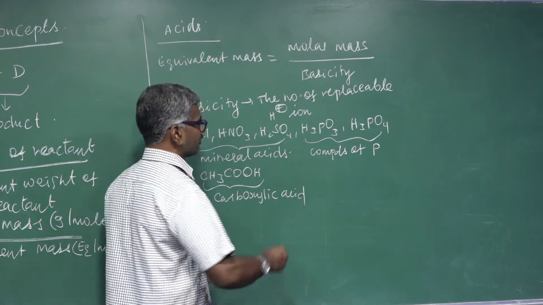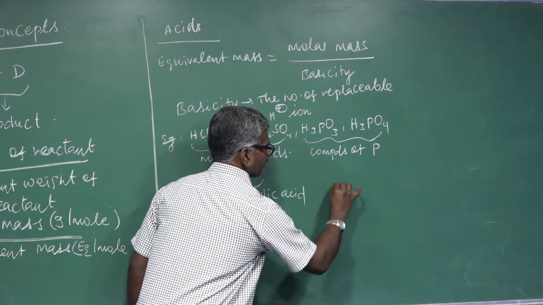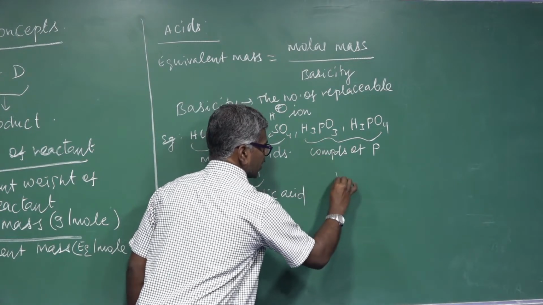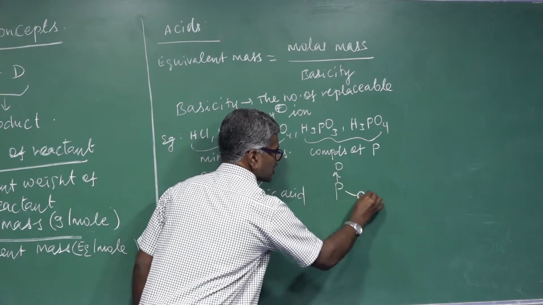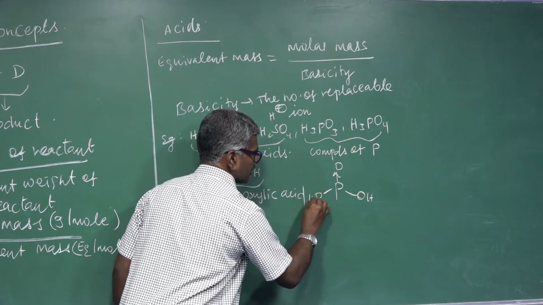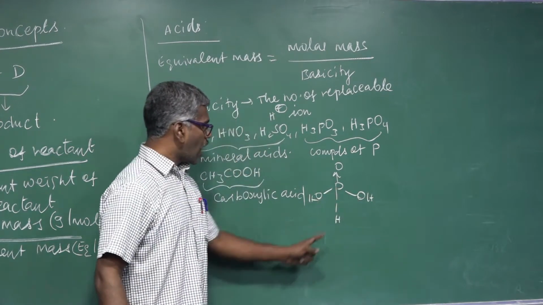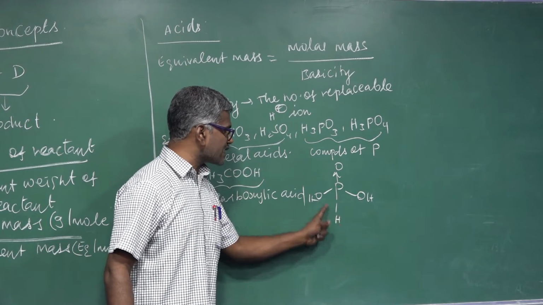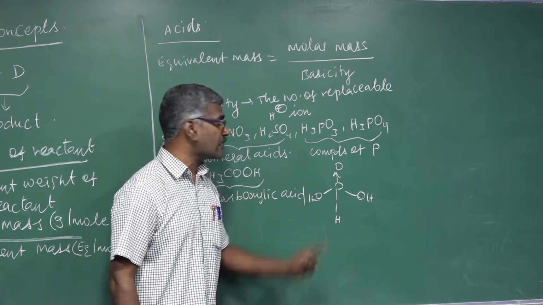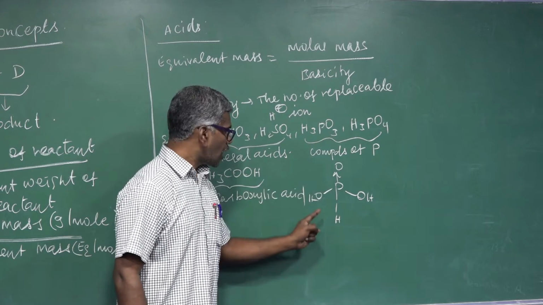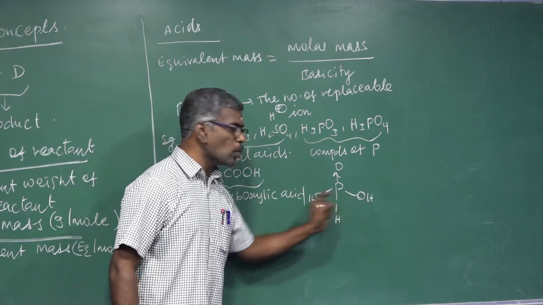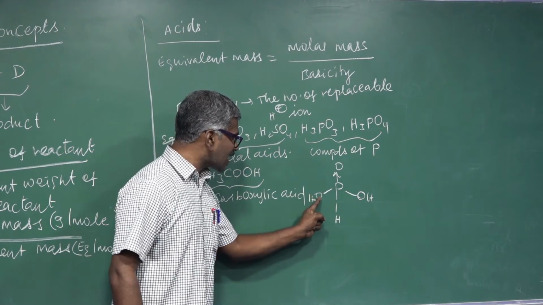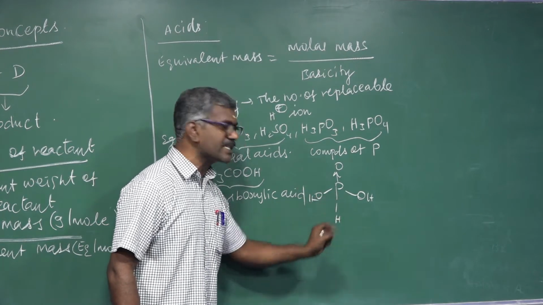this basicity is explained by the structure. For example, H3PO3 has OH, OH and a hydrogen. The hydrogen bonded to phosphorus explains the reducing nature of H3PO3. Here there are two OH groups, and the hydrogen attached to oxygen can be replaced.